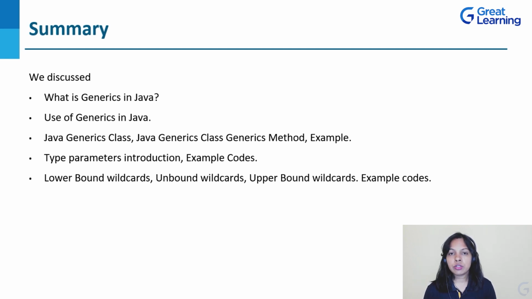We understood all these theoretically and saw the practical implementation as well. Lastly, we discussed the different wildcards in generics, that is lower bound wildcard, upper bound wildcard, and unbounded wildcard, along with their implementation in Java.